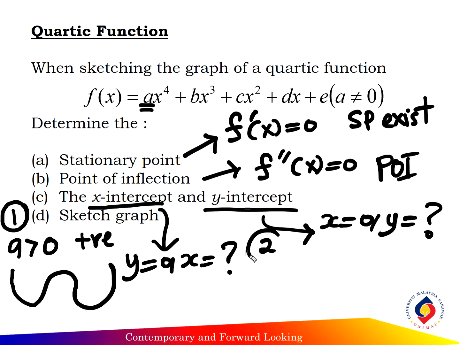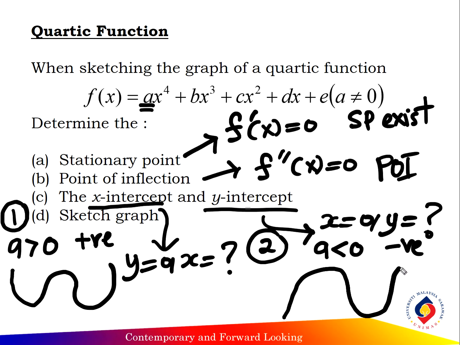Number 2, when the coefficient is less than 0, or negative, the graph from the left is concave downwards, concave up, and concave downwards. So the first graph has 2 relative minimum points and 1 relative maximum point, and the second graph has 1 relative minimum and 2 relative maximum points.